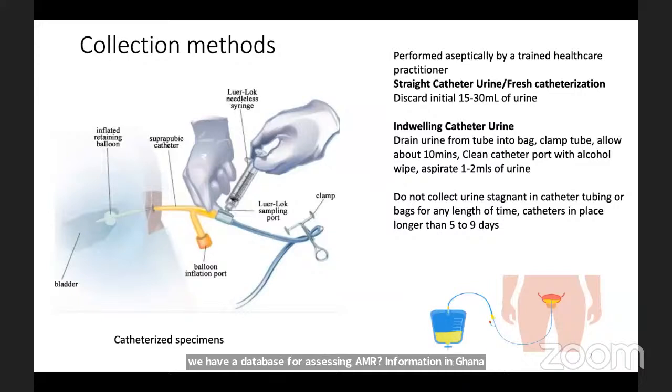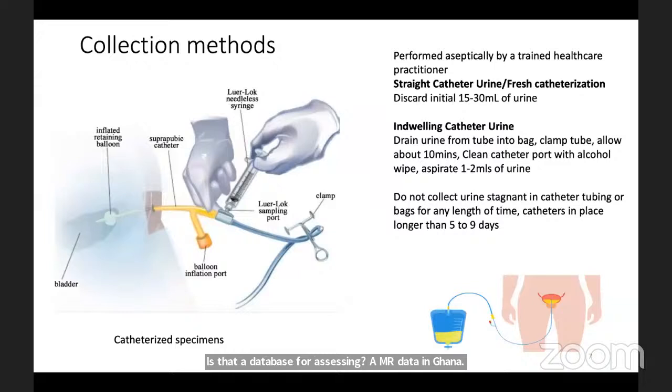AMR, antimicrobial resistance data. This is coming from John Baptist Doche Kwame. Is there a database for assessing AMR data in Ghana?